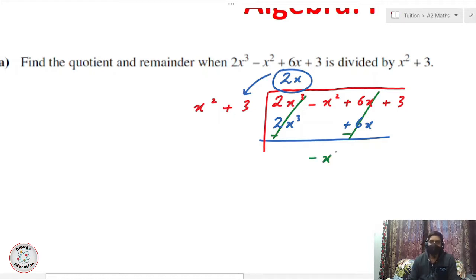You'll be left with minus x squared plus 3. Alright, so this is what you have right now: minus x squared plus 3. Now once again, we've got to do the same thing.